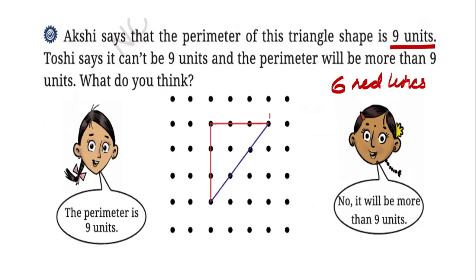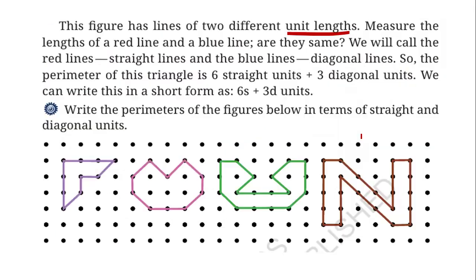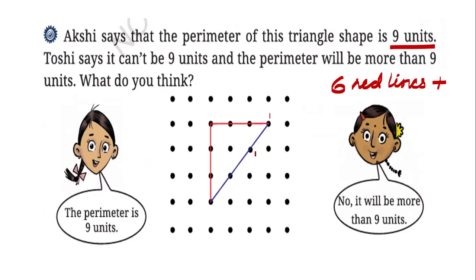Red lines plus, now, blue lines: 1, 2, 3. 1, 2, 3, 4, 5, 6. 1, 2, 3. 3 blue lines.